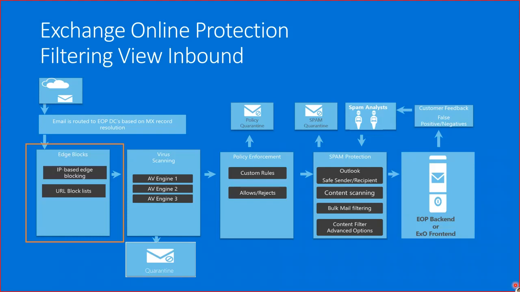We also have a recommendation, and this has been the recommendation right from the time we had Office 365: do not host any other service before Exchange Online Protection. The reason is that we look at the IP addresses and other properties of the message to determine whether it is from a good source or a bad source.